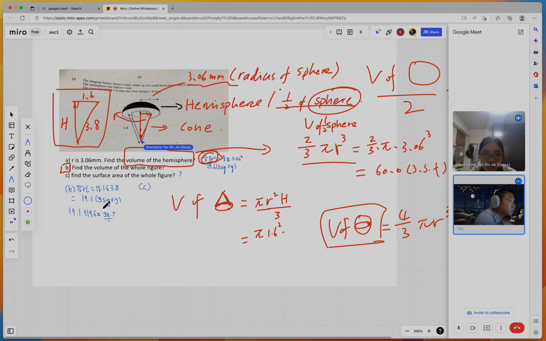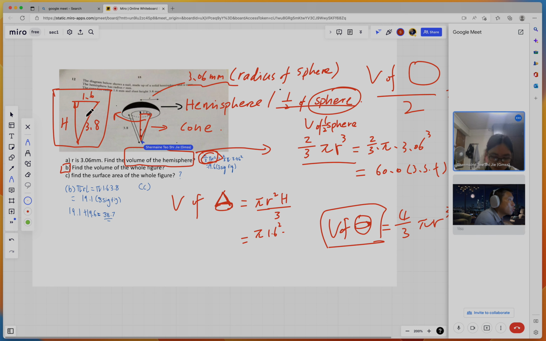Half times base times height, that gives you what? I want to find height. Look at the screen. How do you find height from this figure? Come on. Yep, Pythagoras theorem.